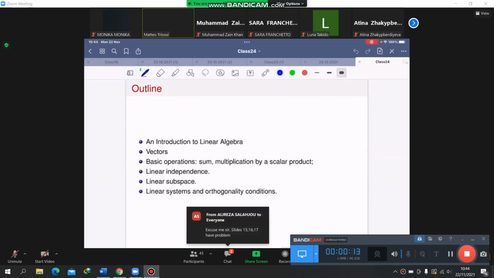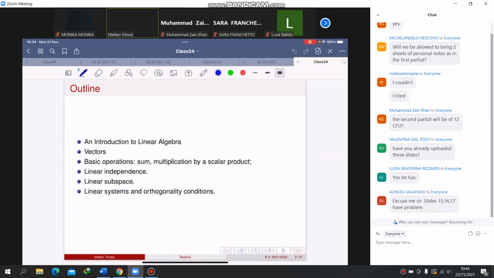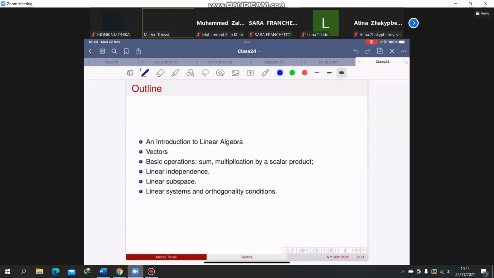So we will introduce the problem we're going to face. We will introduce what is called a vector, basic operations between vectors. We will explain something called linear independence. We will introduce linear subspaces and relate linear subspaces to the problem of linear algebra.